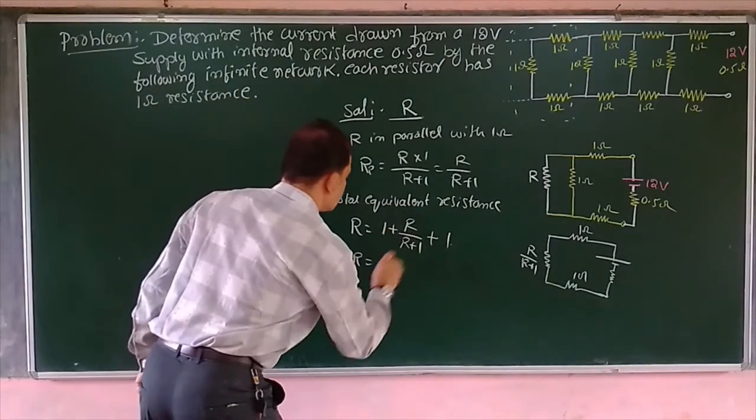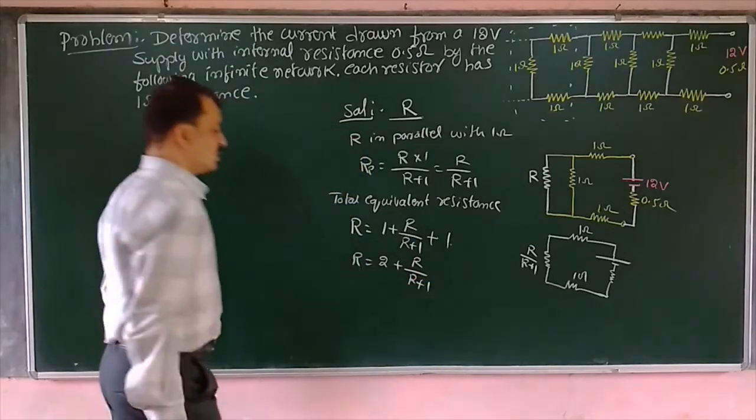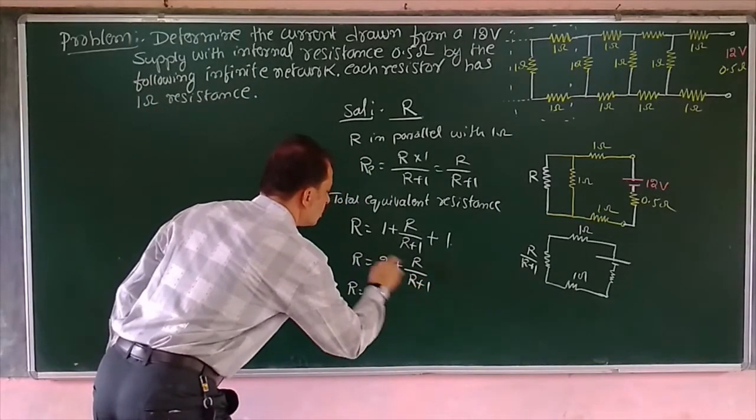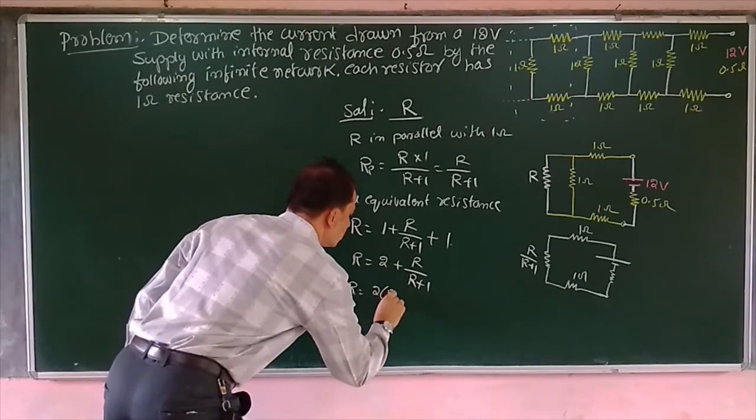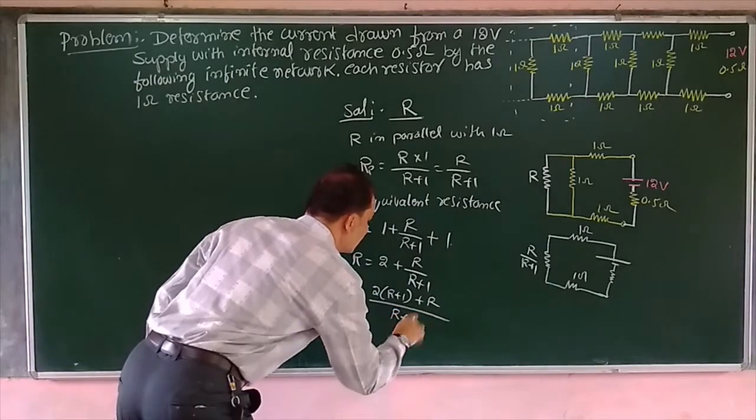Therefore, R is equal to 1 plus 1, 2 plus R divided by R plus 1. Simplifying this one, R is equal to 2 into R plus 1 plus R divided by R plus 1.